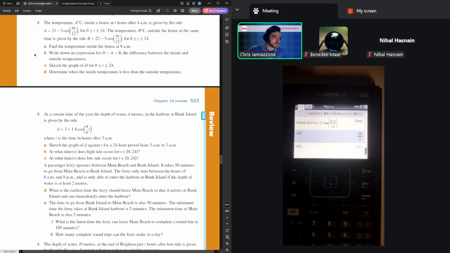Awesome. Part B is just a freebie. Write down an expression which is D equals A minus B, and it's already telling you what's the difference between the inside and the outside temperatures. So again, writing this out is pretty straightforward.